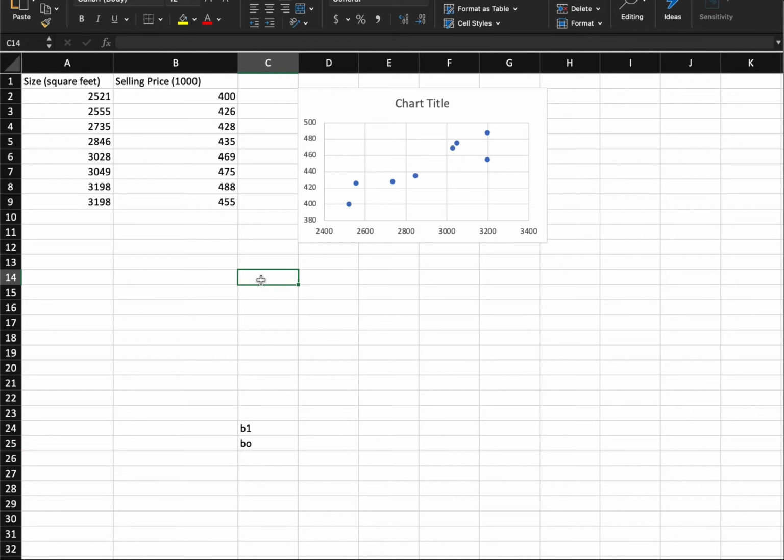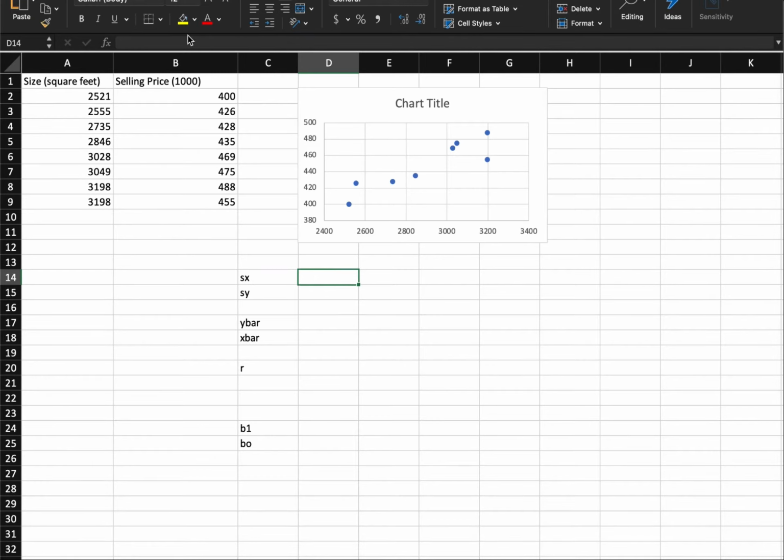We need to compute Sx and Sy. We also need Y bar and X bar according to our formula. We also need the correlation coefficient R. So how do we find these values? Well, Sx is just the sample standard deviation of our X values, which in this case is the size of the house in square feet.